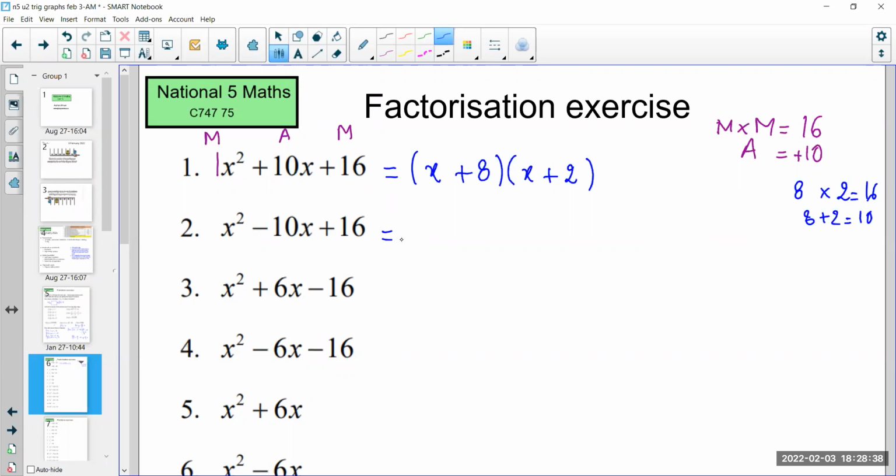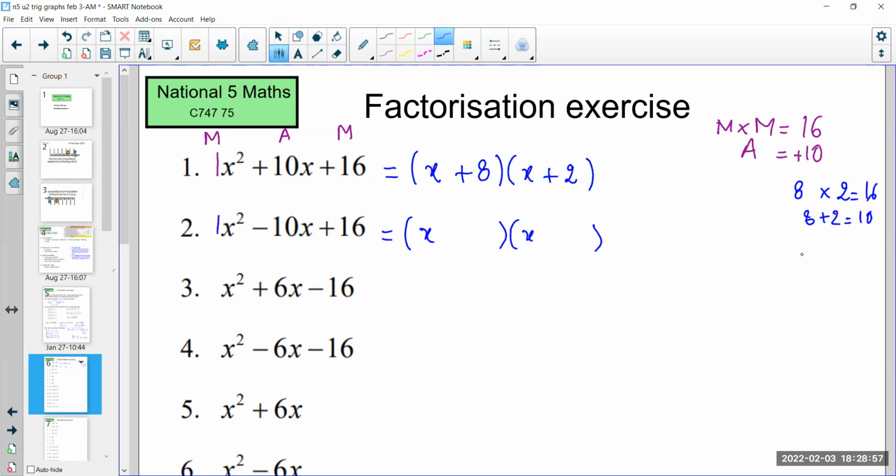The second one is exactly the same because I've got an invisible 1 here. That means I can just put x and x, but I need to times the two numbers to give me 16, and when I add them, I get negative 10.